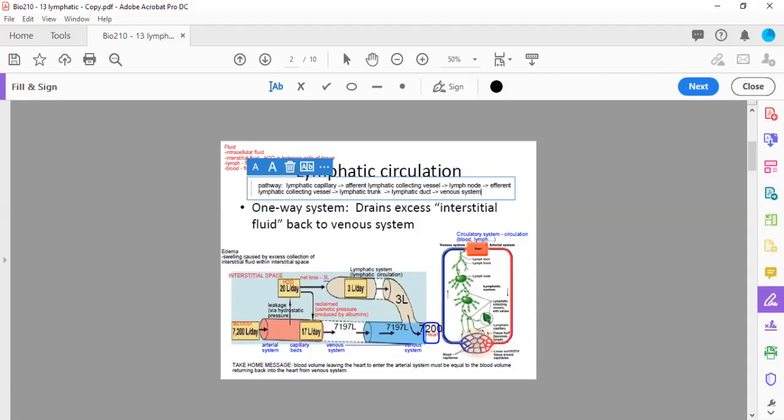So the water that leaked out of the blood vessel contributes to the interstitial fluid, and then the lymphatic capillary takes in that excess water within the interstitial space, and once it goes into the lymphatic capillary, the interstitial fluid becomes the lymph. So the way you name the water is based on its location.